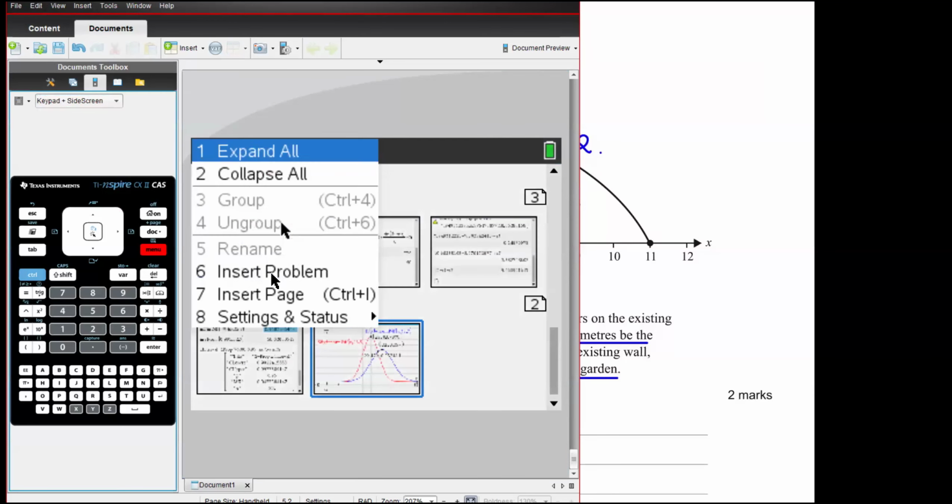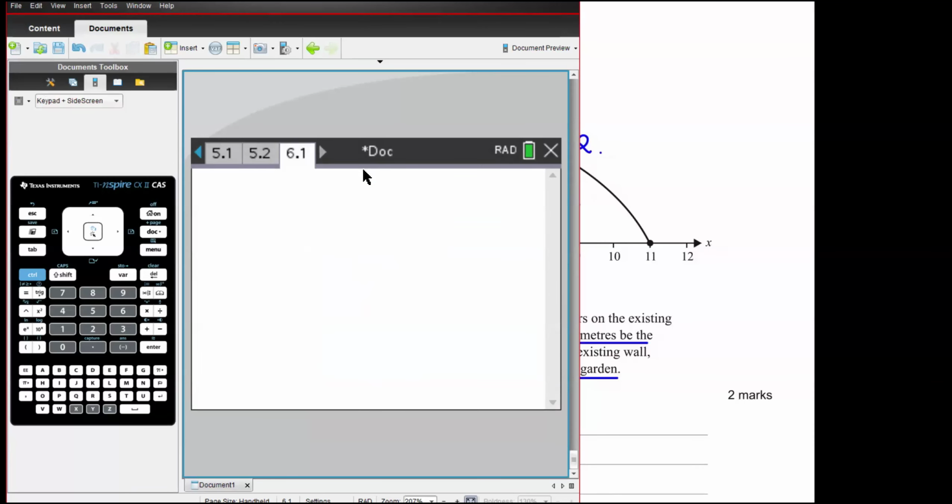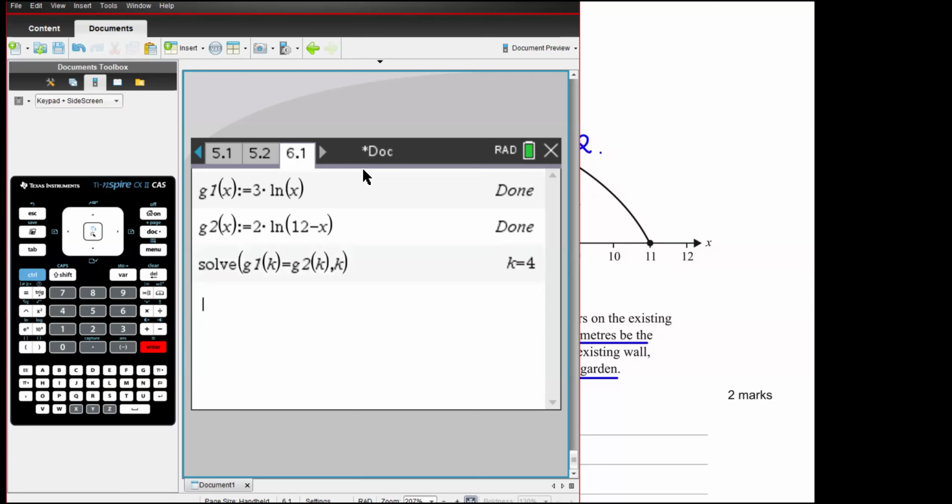I'll insert another problem. I'll call it g1 of x assigned to 3 natural log x. g2 of x is assigned to 2 natural log (12 minus x). Solve g1 of k equals g2 of k, comma k. k equals 4. It's a lovely value, okay? A lovely value.